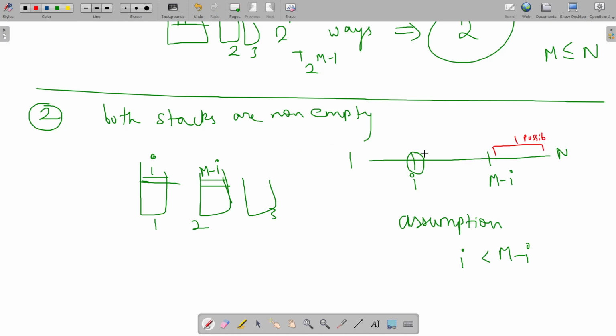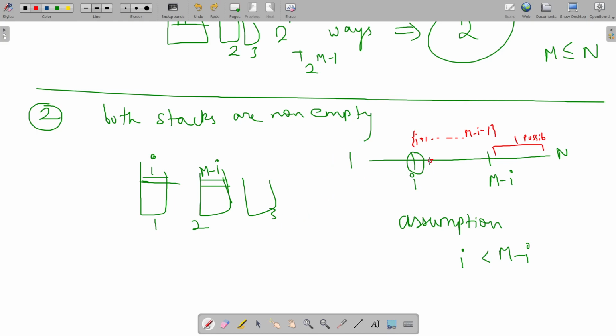Now, what about the elements from the range I plus 1 to m minus I minus 1? These elements cannot go to the first stack because they are greater than I. They can only go either to the second stack or to the third stack. Because if they go to the third stack, whatever is in the third stack, we don't care, because we're not talking about the top element of the third stack.